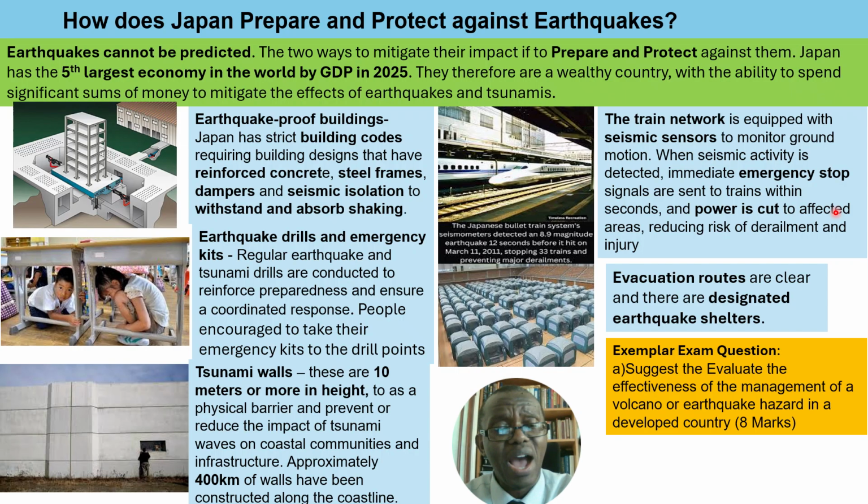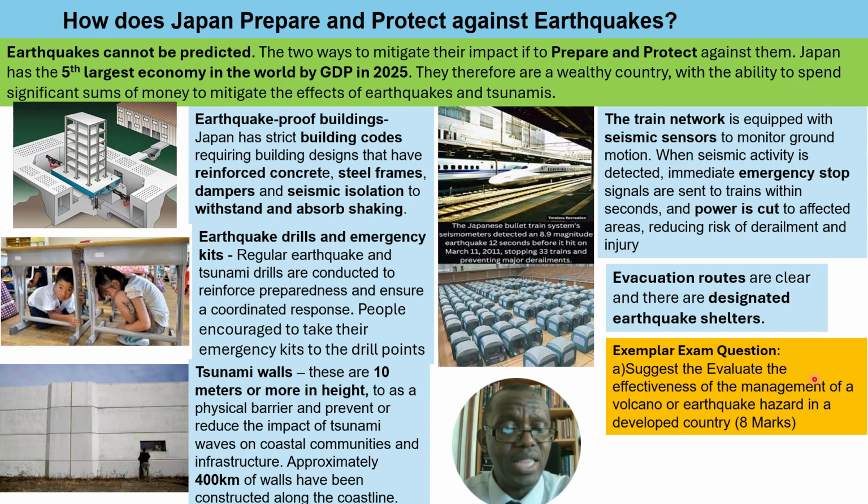But if you have a tsunami wave that is coming in at a very high speed, like we said, 900 kilometers an hour, then that can still cause substantial damage to such a building. So I'm just trying to provide counter arguments here that can be used in an 8-mark question. But on the whole, the money that Japan has spent in reinforcing their buildings is very significant in mitigating the effects of earthquakes. So this is really important, and it's really good.